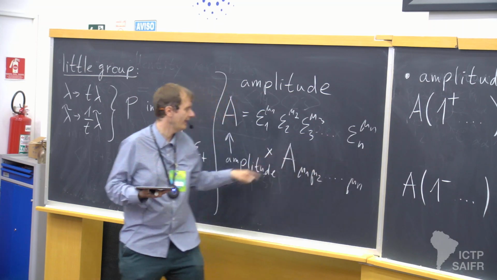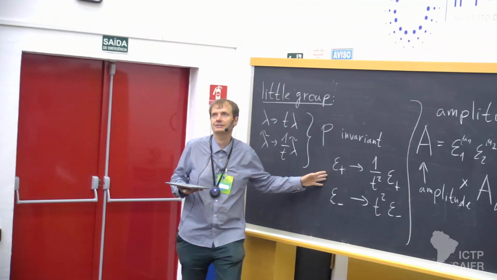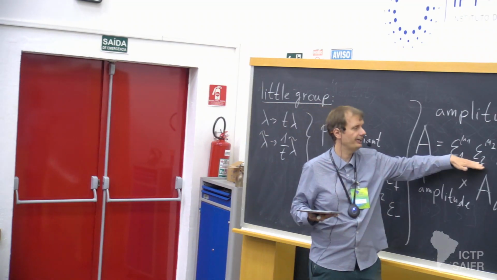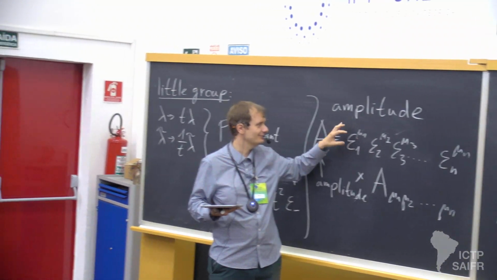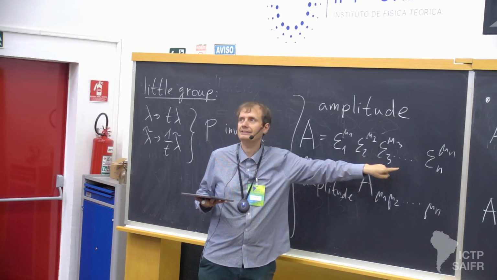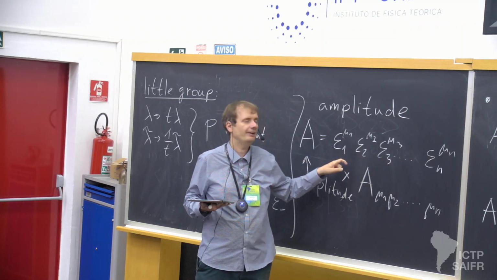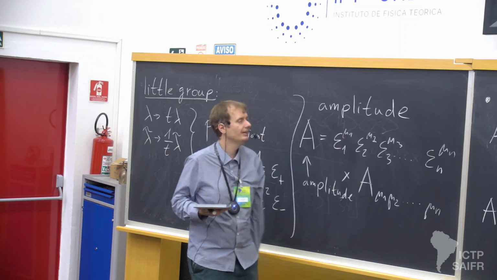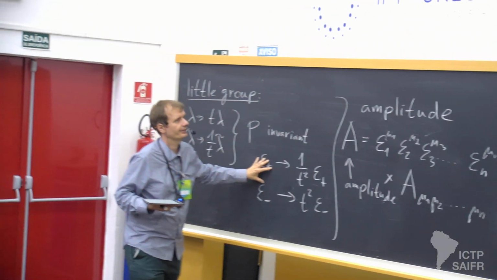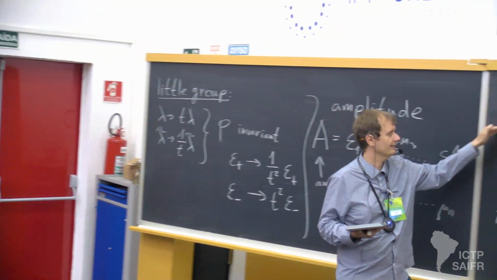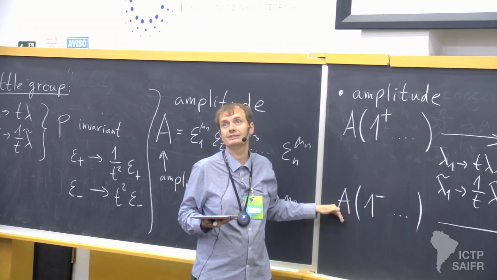So this thing is invariant under this transformation. While this is not invariant, it's not invariant in a very localized manner. It's non-invariant only through these epsilons. And for each particle, only one epsilon. So knowing how the epsilons transform, we already learn how the amplitudes transform.